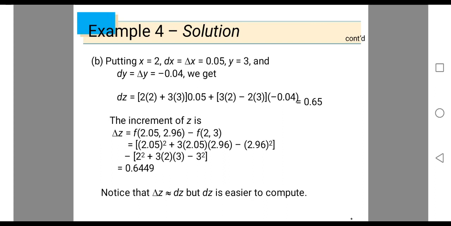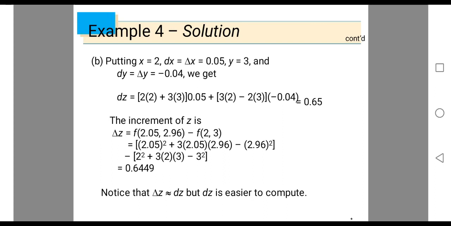You can check this one, right? So this is how we find our delta z, the increment of z. Notice that delta z is easier to compute, right? These are the same things, all right?